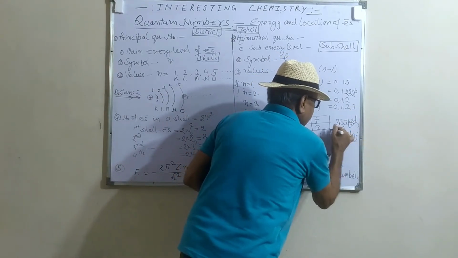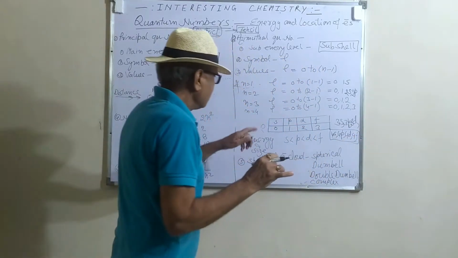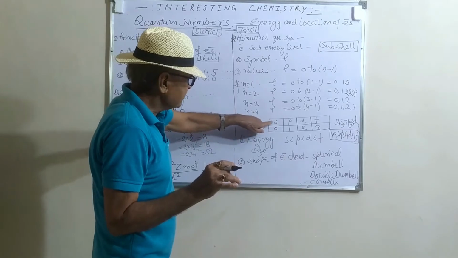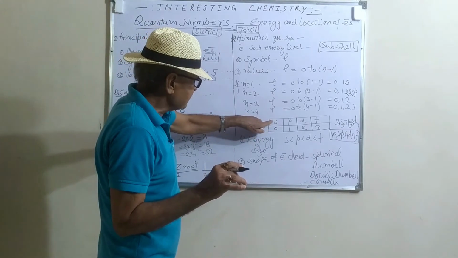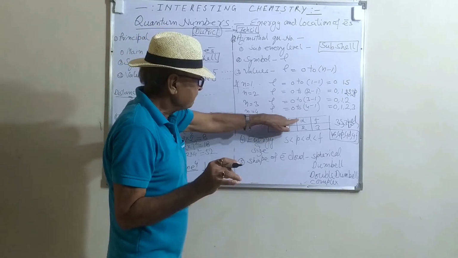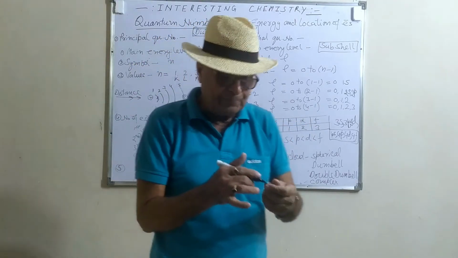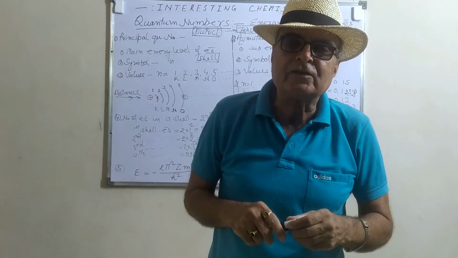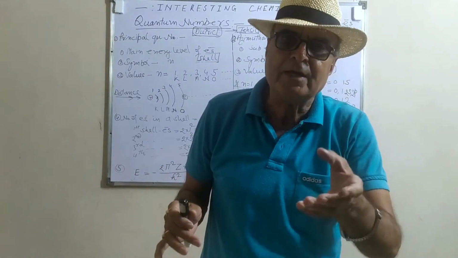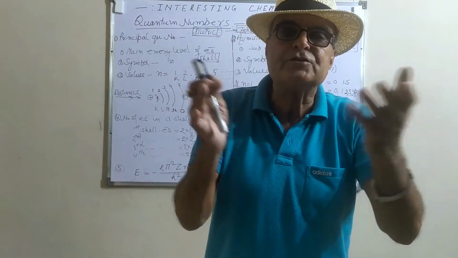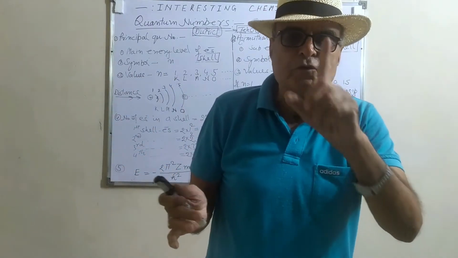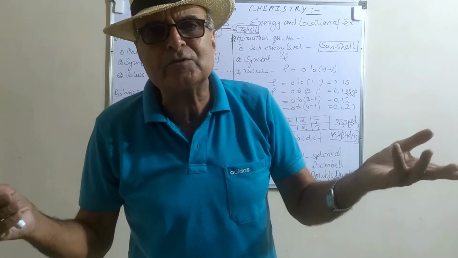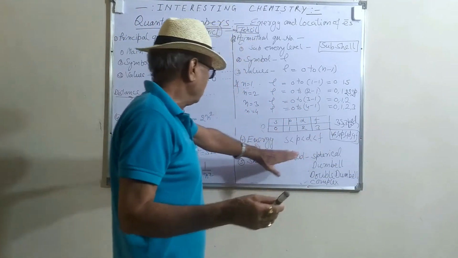I have written the values of L of different subshells: L is equal to 0 for S, 1 for P, 2 for D, and 3 for F. This is very important when I will discuss the electronic configuration. There is a rule that is n plus L, where you should know the values of L of different subshells.